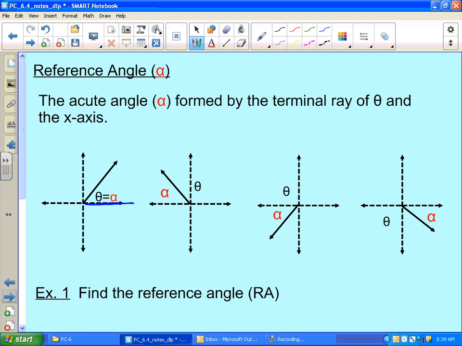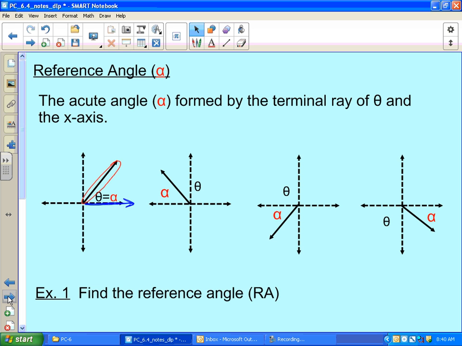Our initial ray is hanging out on the x-axis, positive x-axis. And what we're doing is we're turning an angle of theta to get to what we talked about as our terminal ray. Remember, the terminal ray is the ray that has the same start point as our initial ray at the origin, but just lands somewhere else.